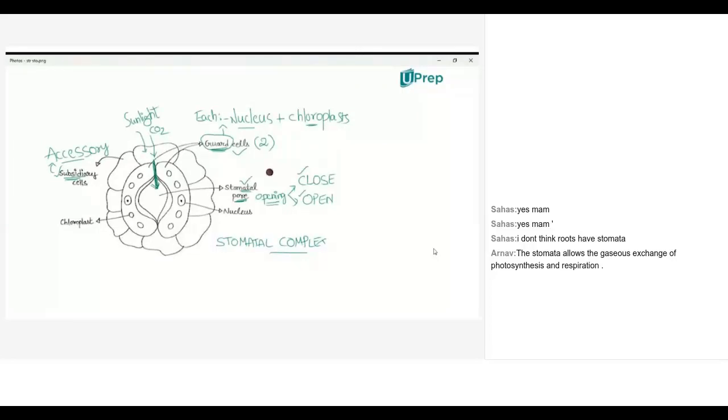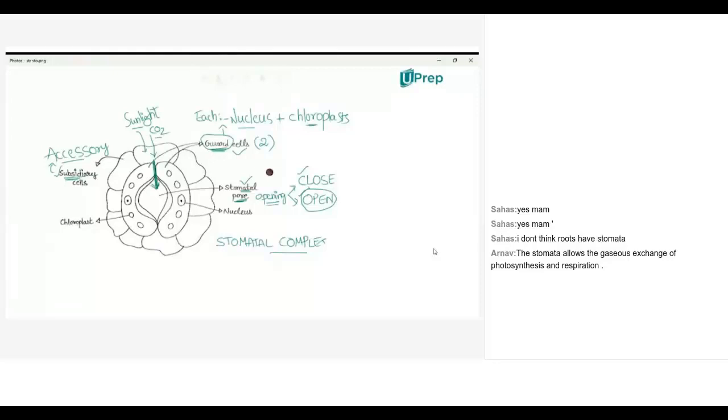So when the stoma is open, isn't it? When this pore is open, then only something can get in. When it is closed, sunlight or any gas cannot get in. Suppose the pore was open and sunlight and carbon dioxide came into the cell, and the guard cells help in production of food.